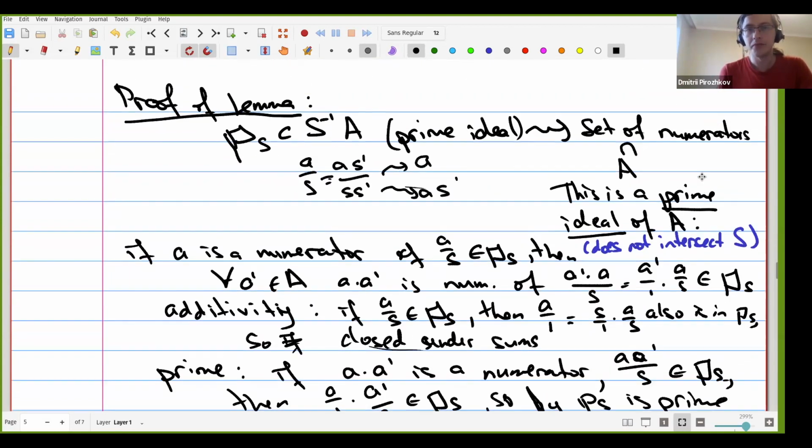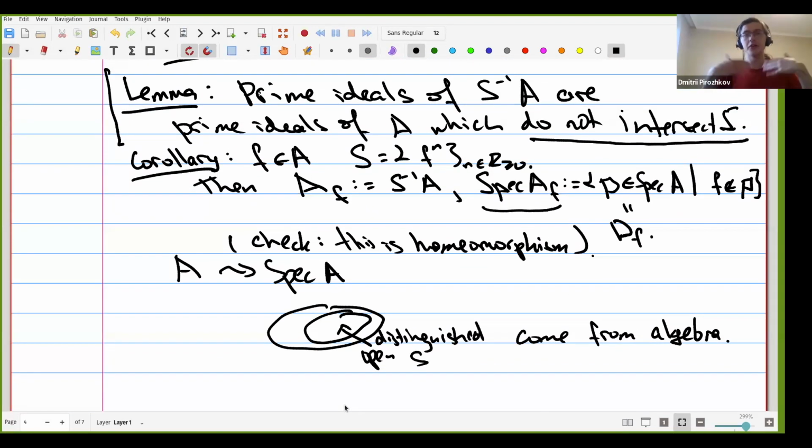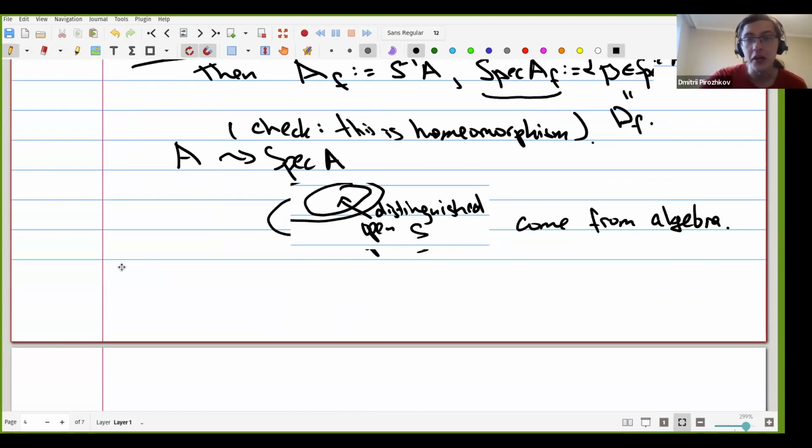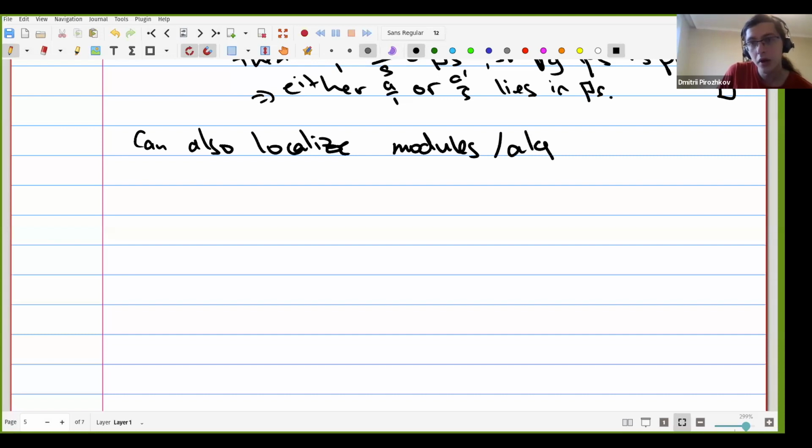Okay, so having done this lemma, we have confirmed that those distinguished open sets correspond to a certain algebraic procedure. And to say more about what it means to work locally, I'll just say that we can also localize modules and algebras over A. And the definition is the same.